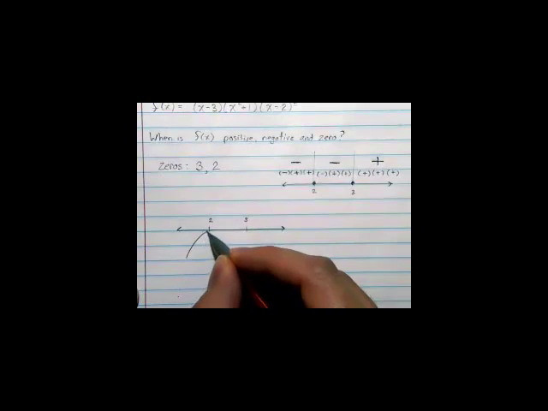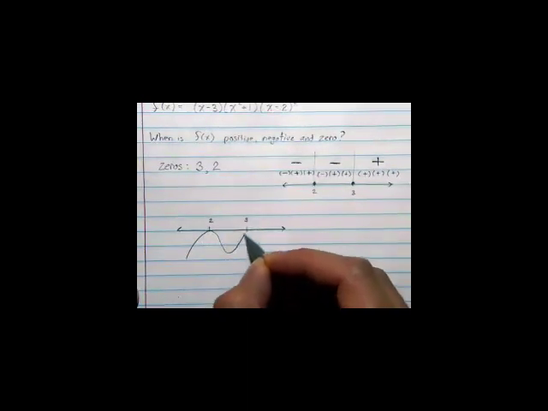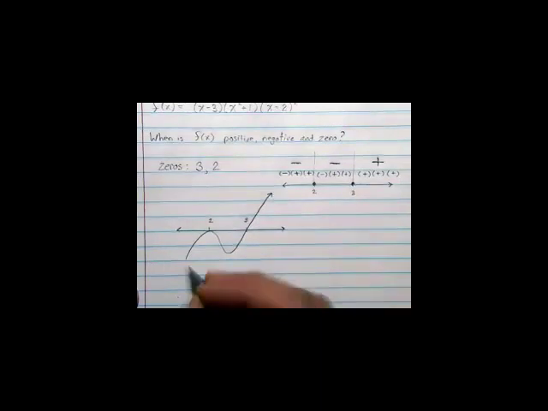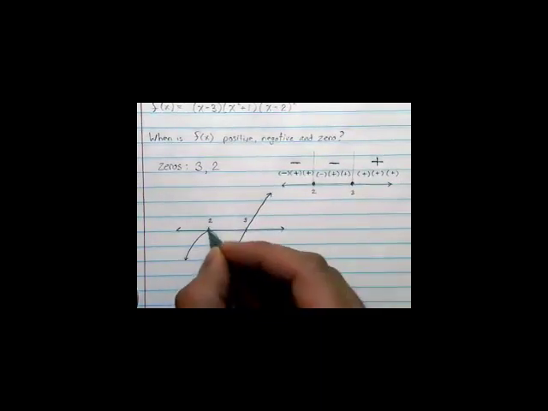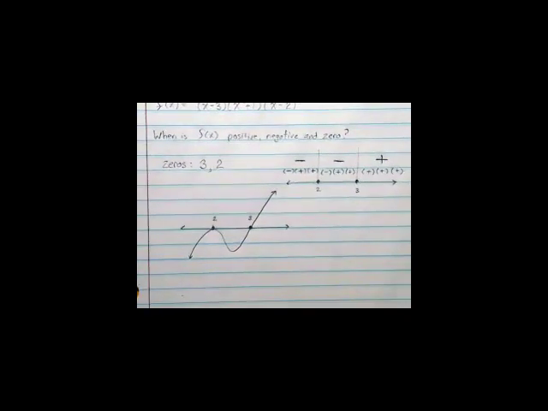It's going to be negative, it's going to come up, have a 0 at 2, come back down, and then come up through 3, and then it's positive. Something like that. Those intervals still match, right? When it's less than 2, it's negative. Between 2 and 3, it's negative. Bigger than 3, it's positive. And it's still got those 2 zeros.